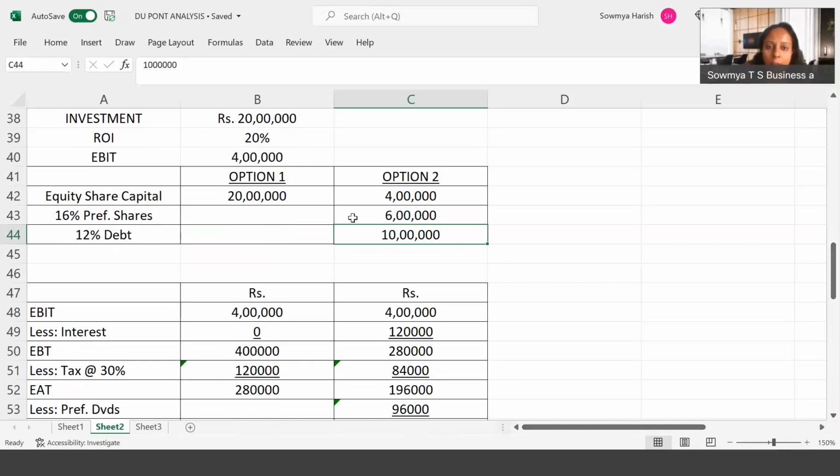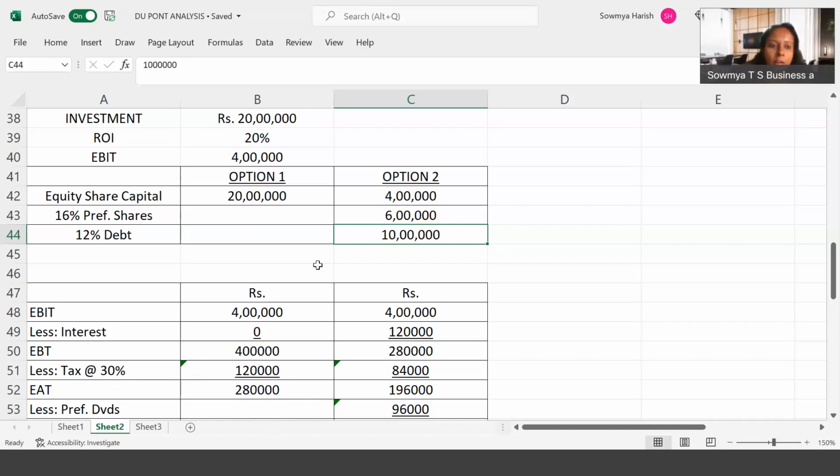And here we know that in option 2 there is preferred share capital. In the first case you don't have to pay preferred dividends. The first payment we make is to the debenture holders. After that, we pay the tax authorities. After that only preferred shareholders would be paid. So in the first option, since there is only equity share capital, you don't have to pay the preference dividend.